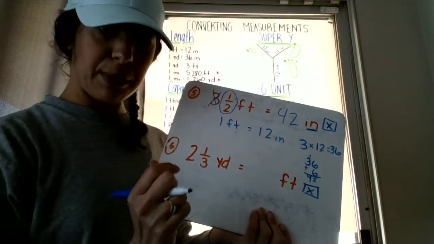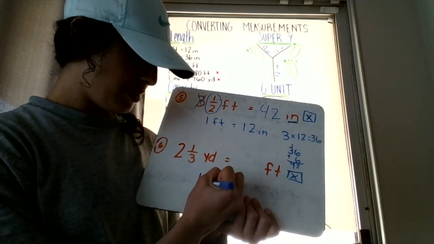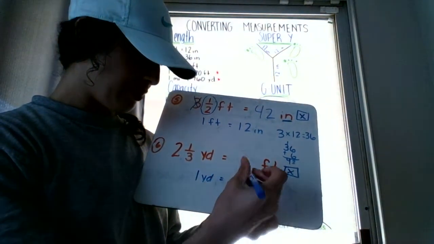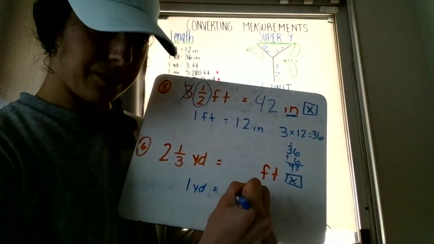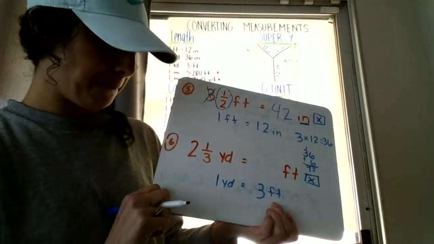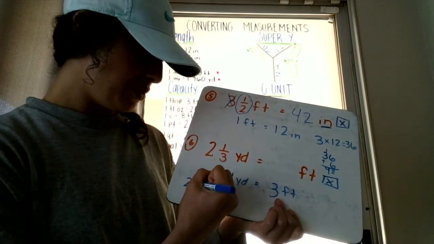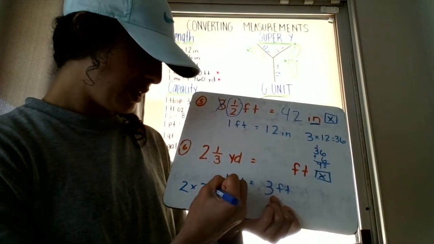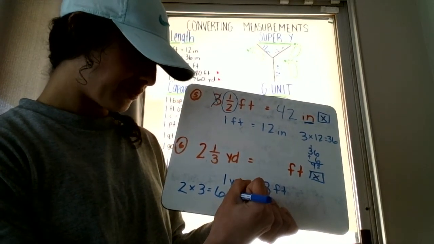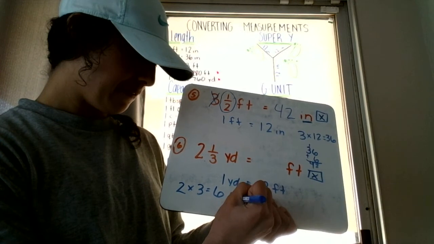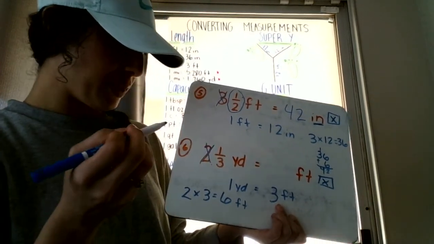So I'm not even going to worry about my fraction right now. I know that in 1 yard, I have 3 feet. Okay. So I know that I'm going to multiply this 2 and this 3, and I'm going to get 6 feet. Okay. So far, I'm done with that part.